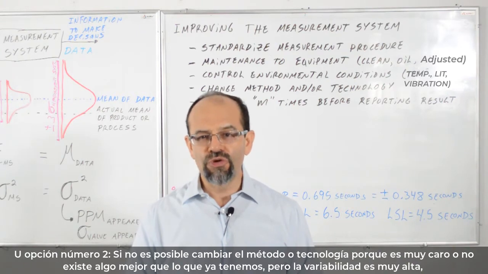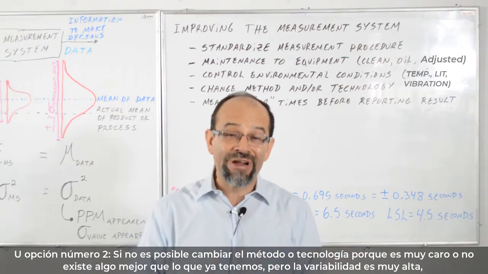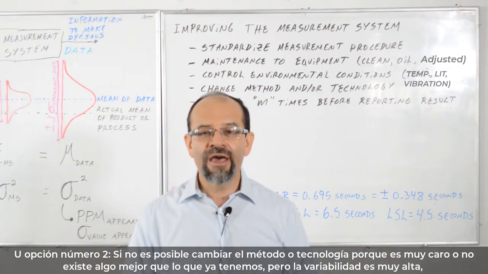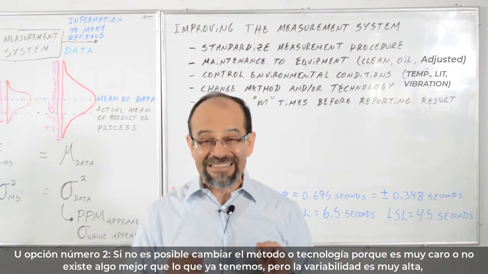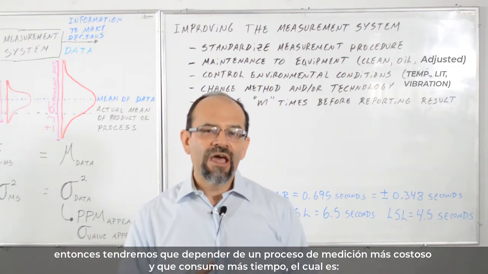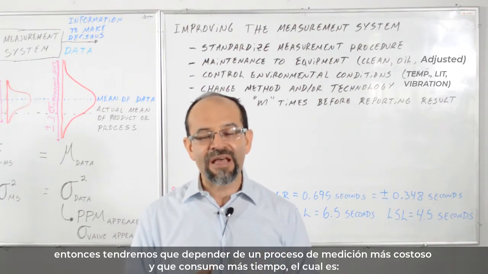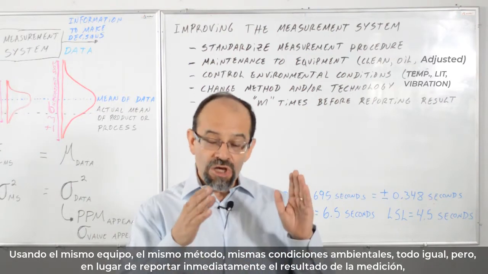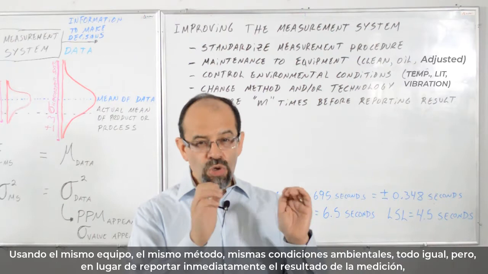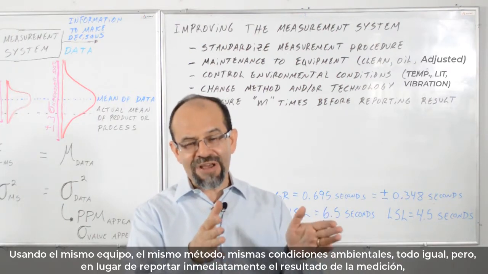Or option number two, if that is very expensive, or it's not possible to get it for any reason, or something better than what we have doesn't exist, but still the variability is very high. If that is the case, then we have to rely on a more time-consuming and expensive measurement, which is using the same equipment, the same method, the same environmental conditions, everything.